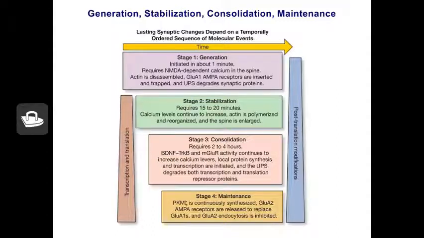These mechanisms disassemble actin at the head of the spine, insert GluA homotetrameric AMPA receptors into the membrane, translocate these newly inserted receptors to the active zone of the postsynaptic membrane, and temporarily trap these new receptors into the membrane, and also activate the UPS system to degrade excess signaling proteins, thereby limiting the overall magnitude of the potentiation of the spine.